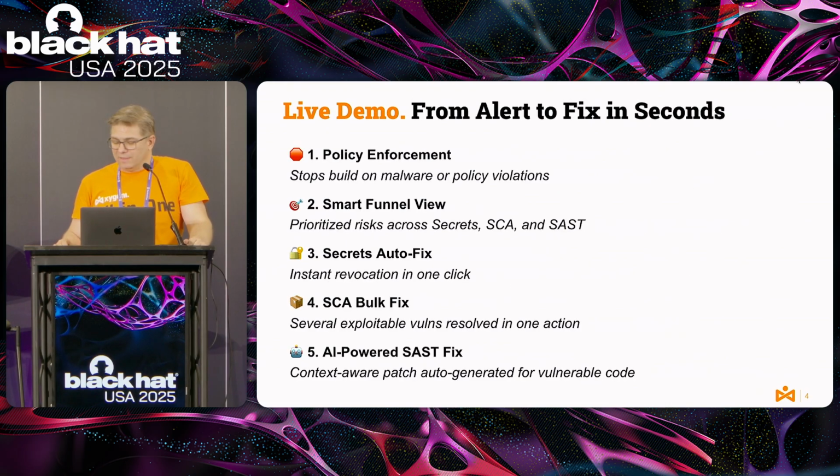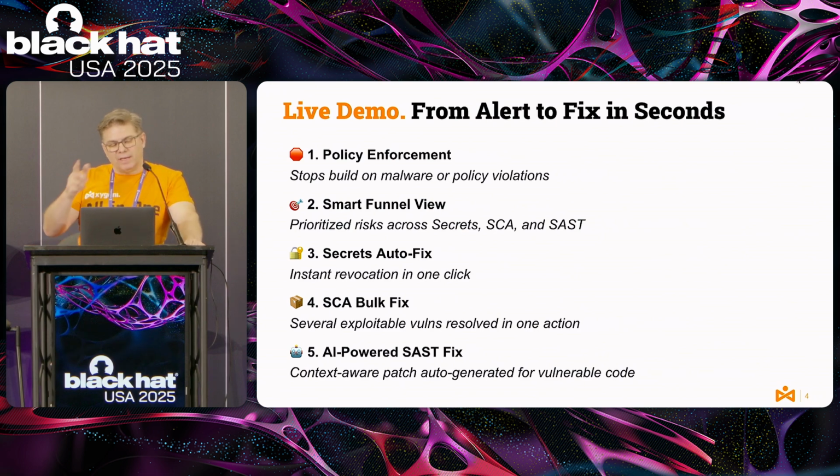For the demo, let's do just three or four important things. First of all, let's enforce that all the pull requests we make don't contain malware, and we can break the build if we detect that something malicious is in the integration process or in our application.